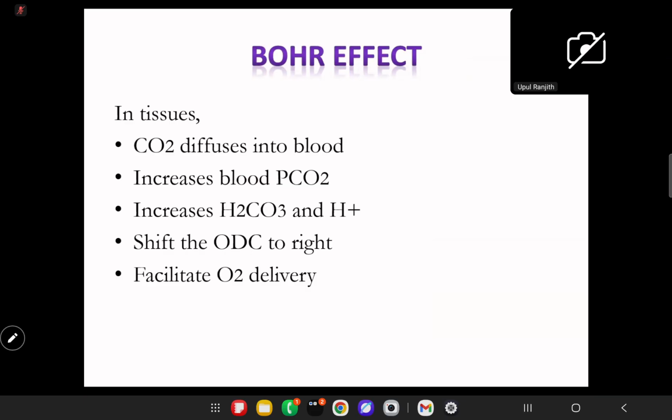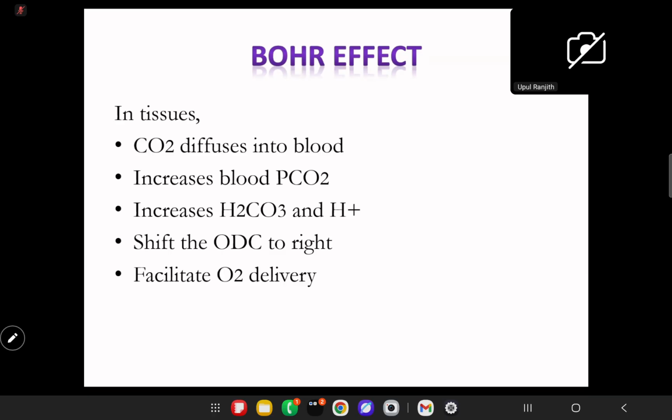So then the Bohr effect, right? So what happens in the Bohr effect? In the tissues, carbon dioxide diffuses into the blood. So that will increase the partial pressure of carbon dioxide in the blood. Therefore, it will increase bicarbonate and hydrogen ion, and because of this hydrogen ion, it will shift the oxygen dissociation curve to the right.